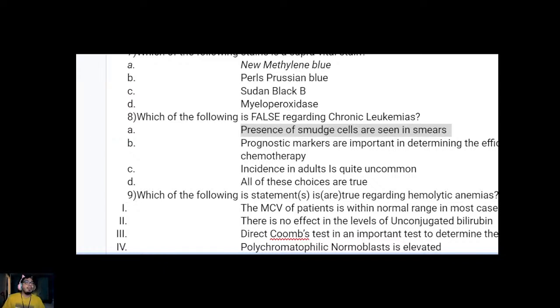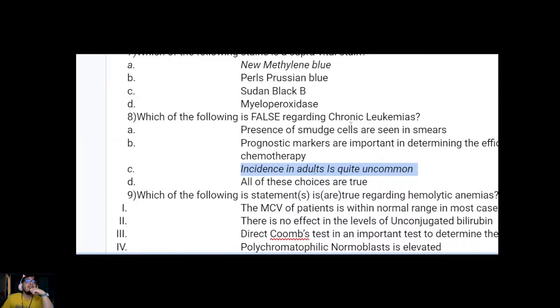Number 8 tayo. Which of the following is false? Ayan na, kinapitalize ko na. Kasi medyo naawa ako dun sa unang exam ko eh. Turns out dito pala kayo nagkakamali, no? Presence of smudge cells are seen in the smears. Prognostic markers are important in determining the efficacy of chemotherapy. True. Incidence in adults is quite uncommon. Actually, baliktad.